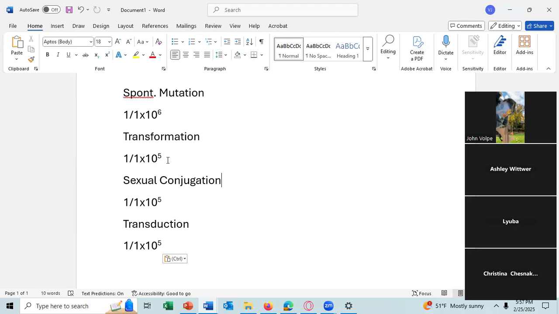but it's not likely to happen in the genome of your gametes because the DNA would have to be in the environment, come into your gamete, and then recombine with your chromosome in your gamete.